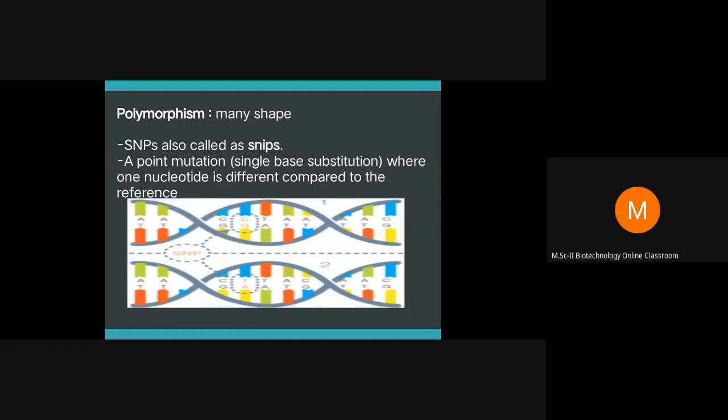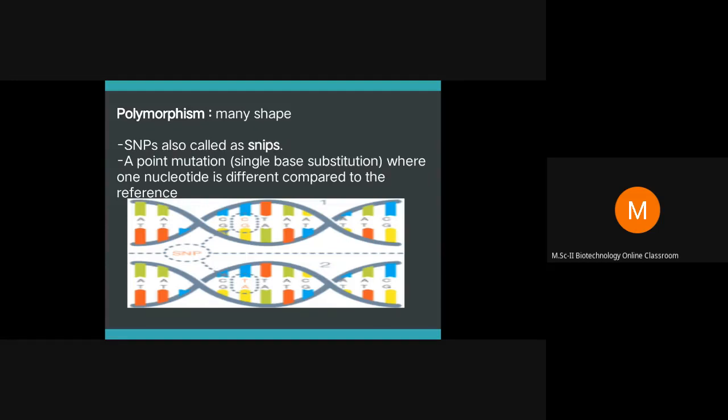These certain places are variants. Variants means how two sequences are related to one another, and one form of these variants is single base substitution, or single nucleotide polymorphism, or SNP.